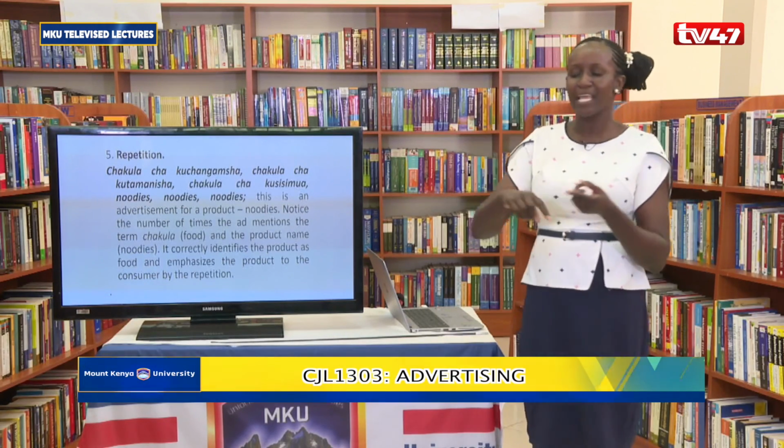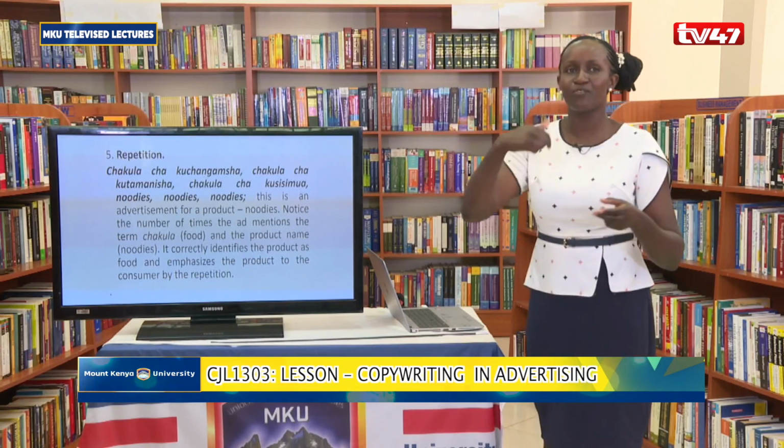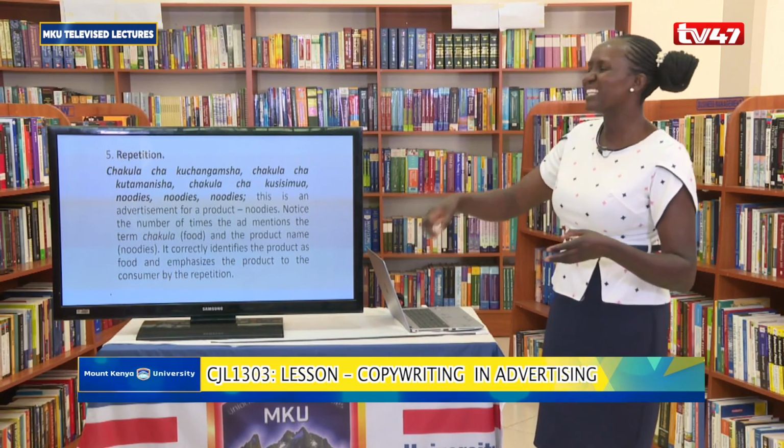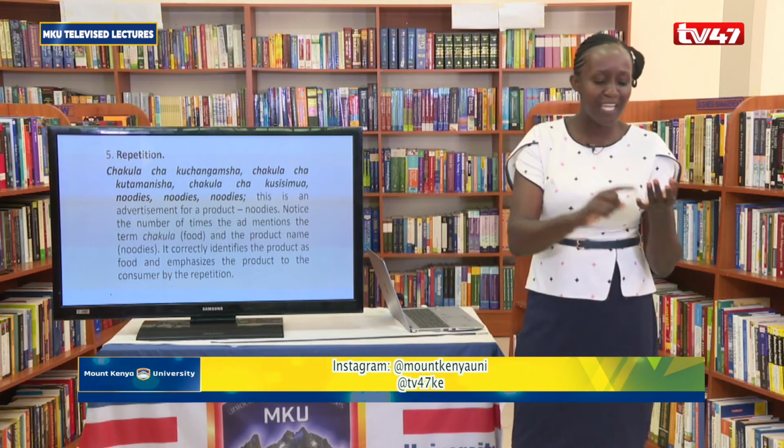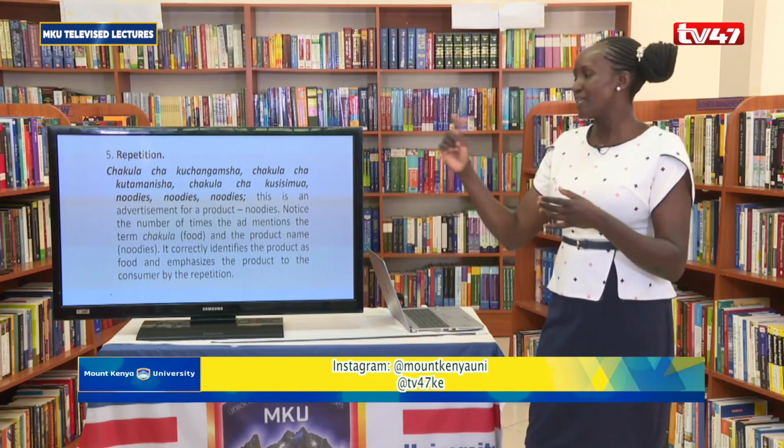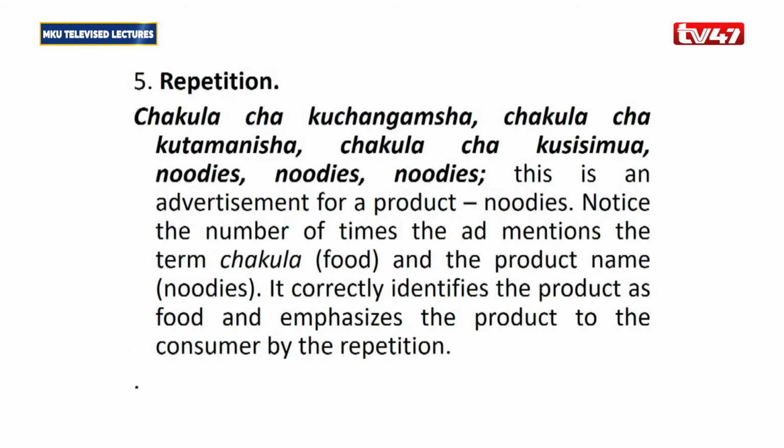So you've told us it is chakula 3 times, then you've repeated the name of the product 3 times again: Nudies, Nudies, and Nudies. So anytime I see Nudies, I'll remember it is a food product, and it is a product that I can find in a supermarket or a shop near me, and that way it is going to remind me of what the product is.